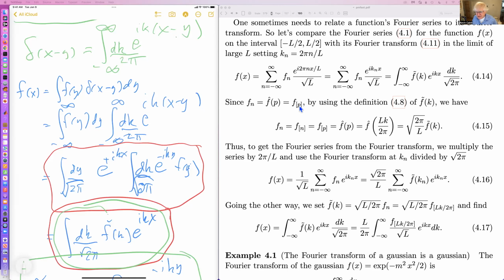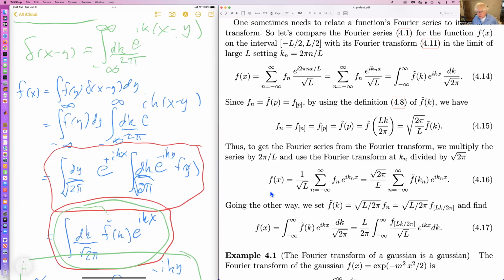And then using that and using our definition, here, this thing, there's the definition of f tilde of k. We can rewrite that as f hat of p, that's f hat of p is L k over 2 pi, and that's related to f tilde in this way.